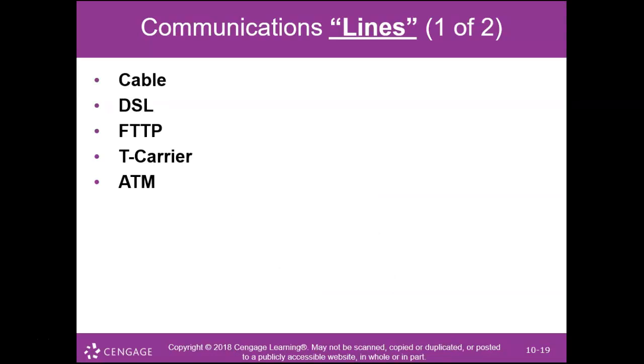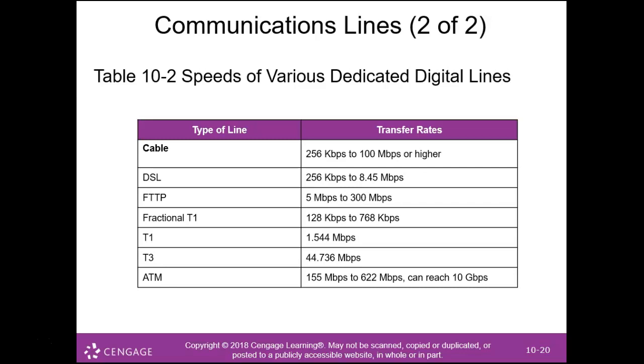Now, a dedicated line is a type of always on physical communication. Dedicated lines can be either analog or digital, right? Though we're moving more towards only digital. And this slide shows some examples of these dedicated lines. You can read more about them on pages 1016 to 1019 of your book.